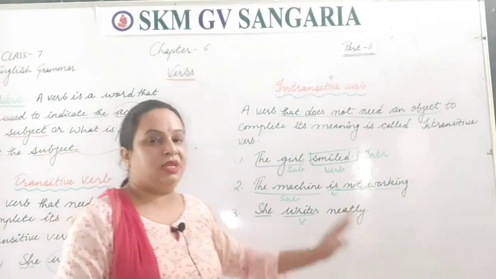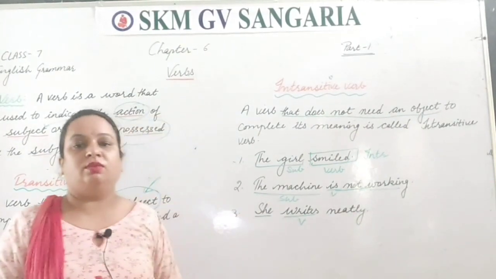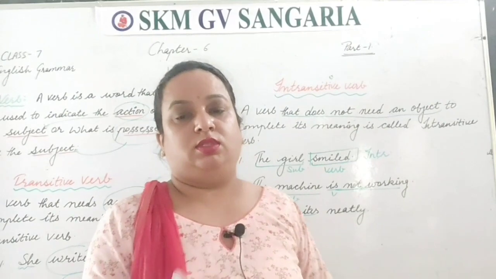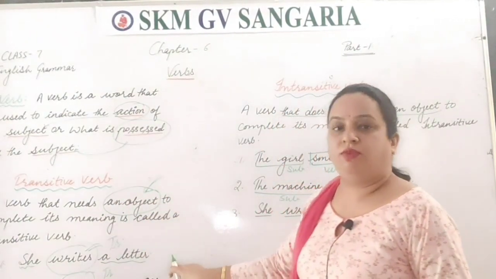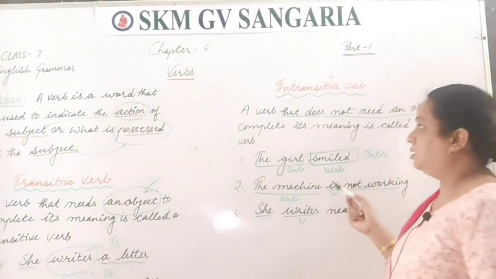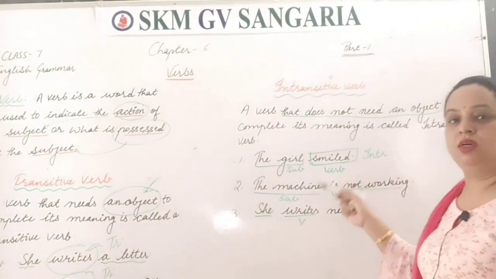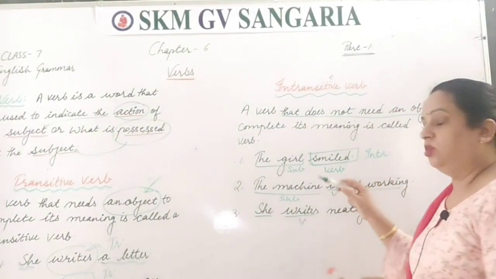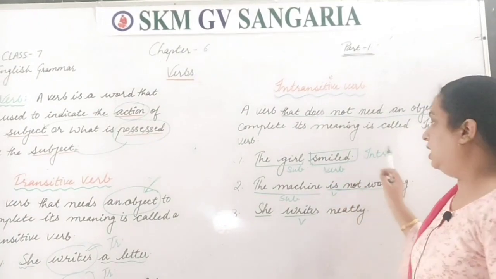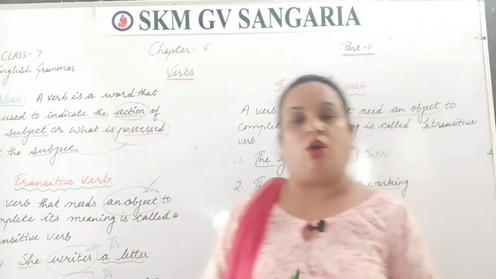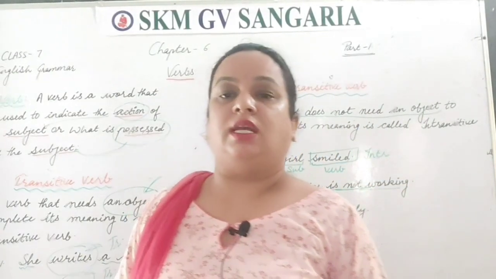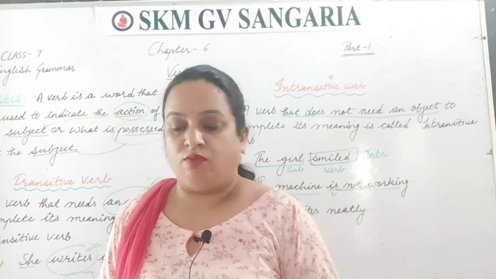So please keep this in mind. If there is an object just after the verb, that becomes a transitive verb, and if the verb does not have an object after it, that becomes an intransitive verb. So this is all about transitive and intransitive verbs.